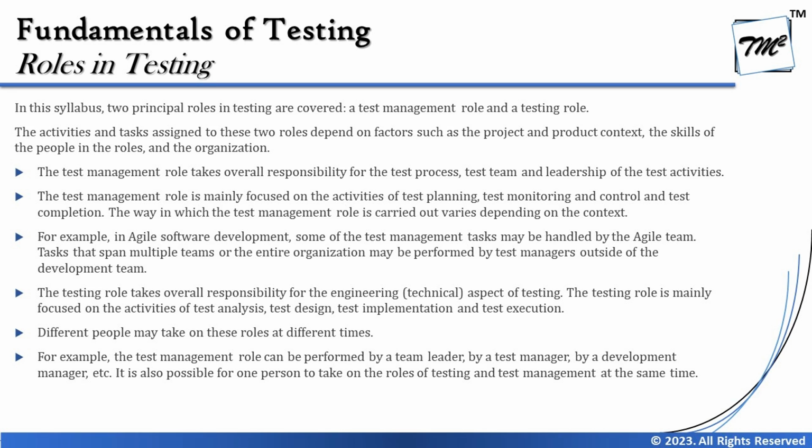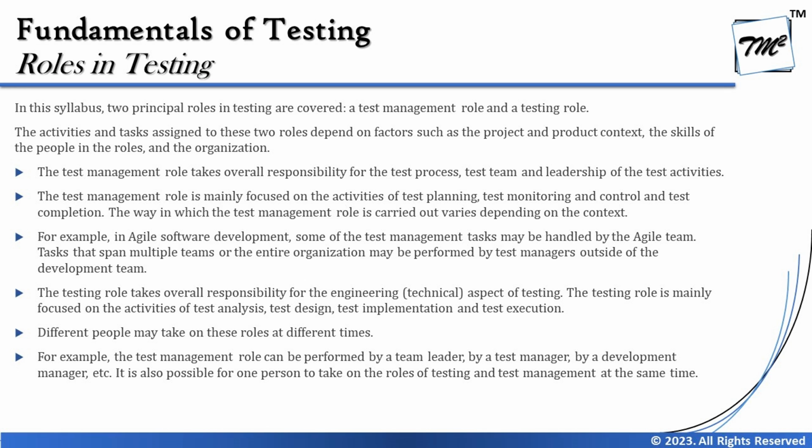The way in which the test management role is carried out varies depending on the context. So it's not that tester and test manager are exactly the same. The manager will lead the overall team and take ownership of defining, determining, planning, scheduling, selecting, etc. Whereas the QC part, that is performing all the activities, will be done by the test engineer. So there's a quick example right here.